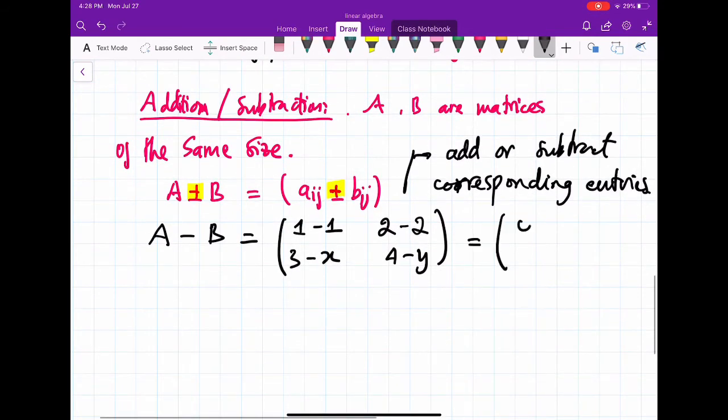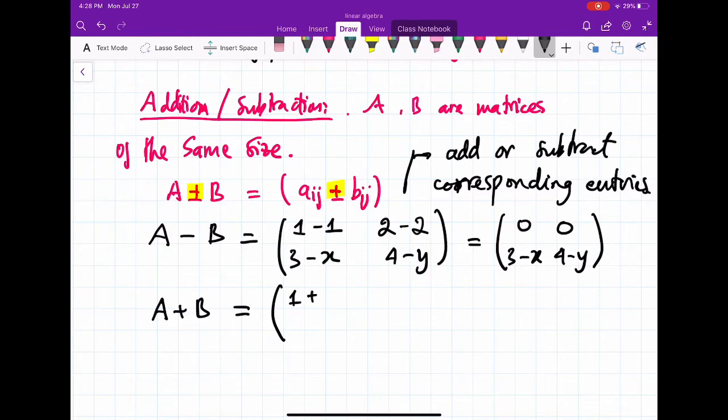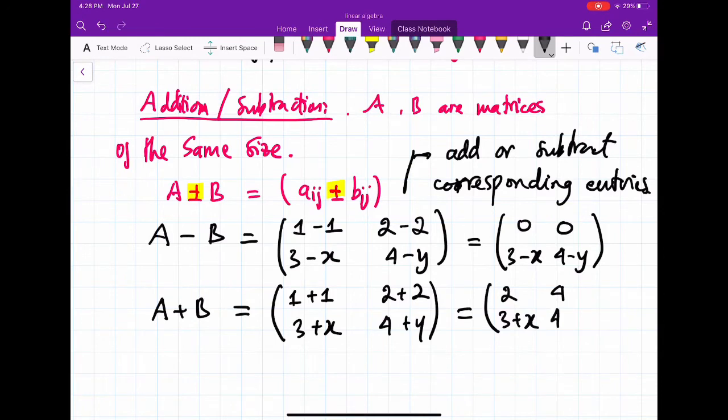That is 0, 0, 3 minus x, and 4 minus y. That is A minus B, right? Or you can consider A plus B. You do almost the same thing. So you just add corresponding entries: 1 plus 1, 2 plus 2, 3 plus x, and 4 plus y. At the end, you get 2, 4, 3 plus x, and 4 plus y.